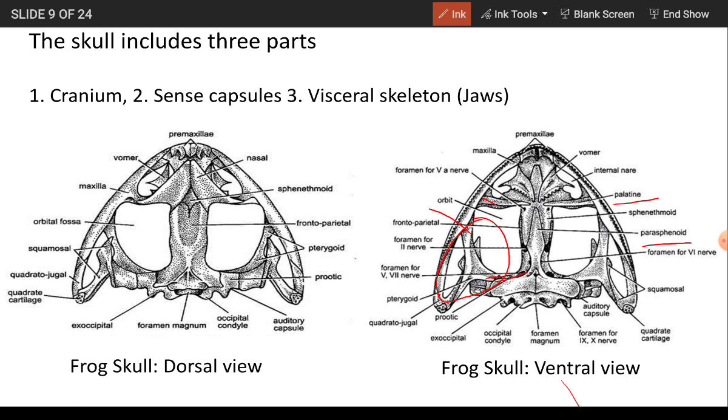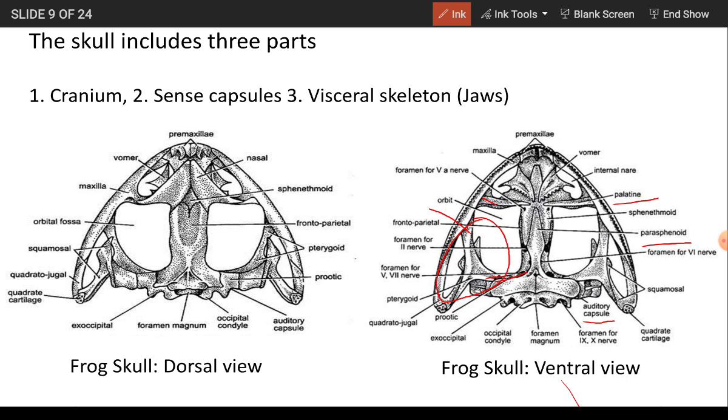This is connecting to the parasphenoid and also to the auditory capsules. This is the auditory capsule which is connected by part of the pterygoid bone, and its posterior ray articulates with the quadratojugal and quadrate cartilage.